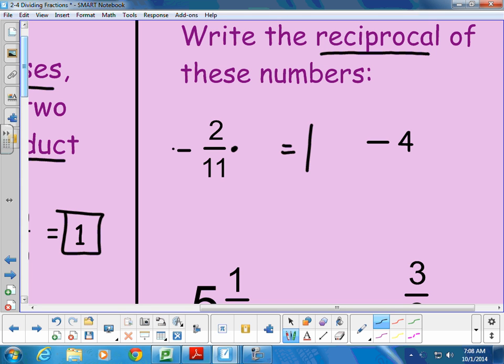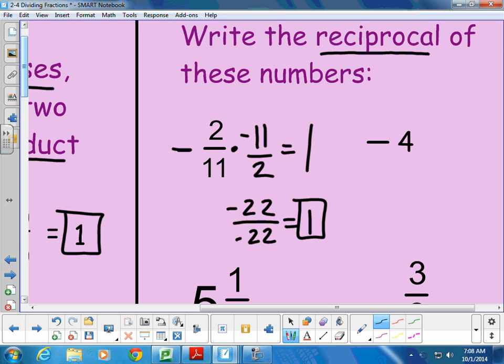And we also know that a negative times a negative will get to a positive 1. So if I flip this one around and put 11 over 2, then I would get negative 22 on the top and negative 22 on the bottom, which would simplify to a positive 1. So negative 2/11's reciprocal is negative 11 over 2.